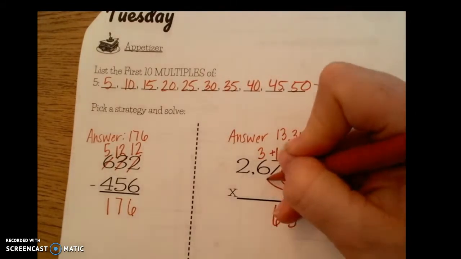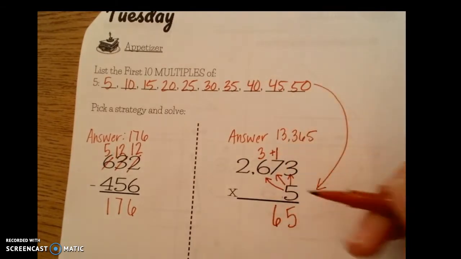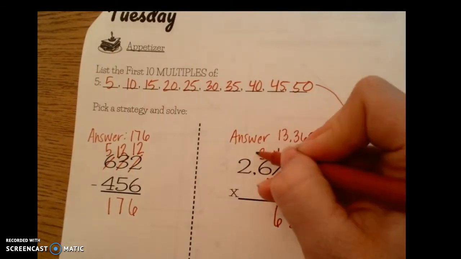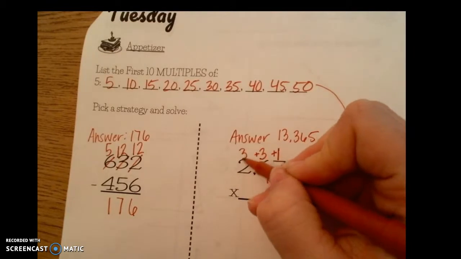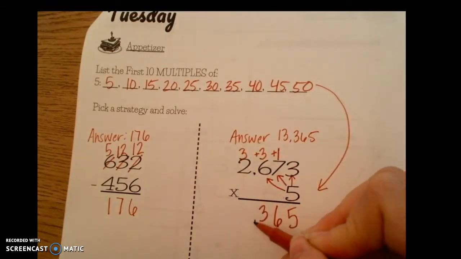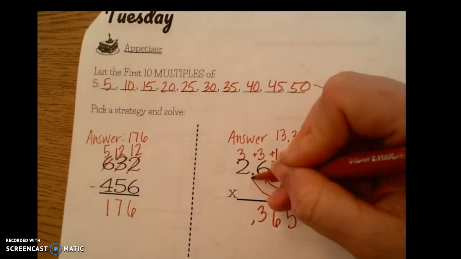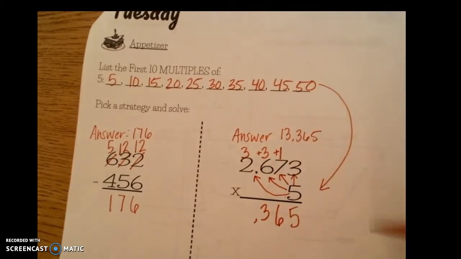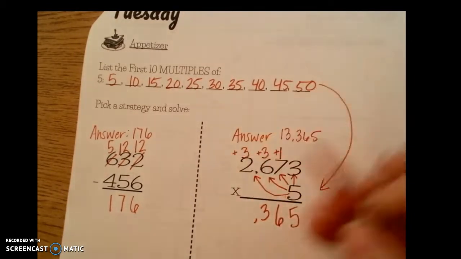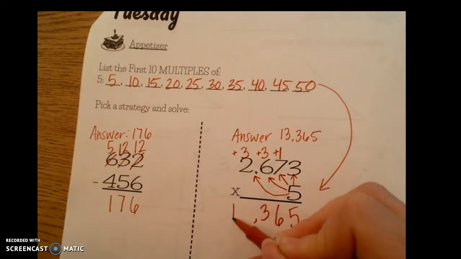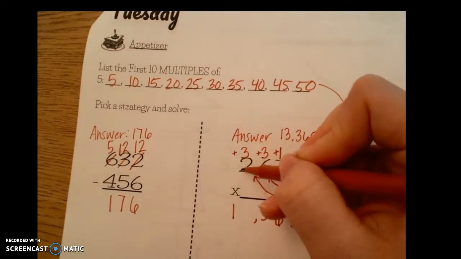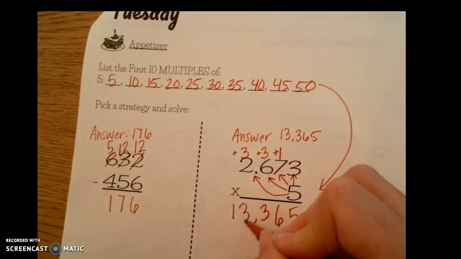Then we go here. 5 times 6 is 30, plus 3 is 33. Carry the 3, put the other 3 below. Then 5 times 2 is 10, plus 3 is 13. Since I'm at the end here, I can write the whole 13 down below.